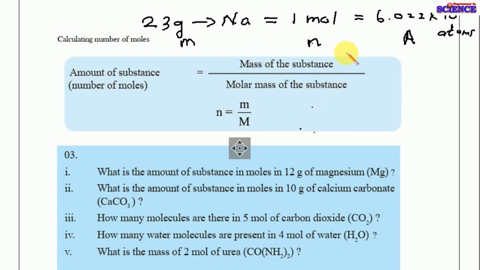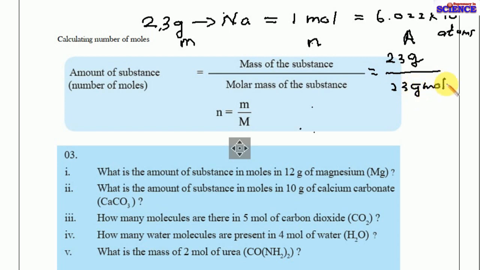For example, assume that you have 23 grams of sodium, and they will give you that molar mass here. It's actually the atomic mass or the molecular mass, but the thing is it has a unit. So the molar mass for sodium is 23 grams per mole.